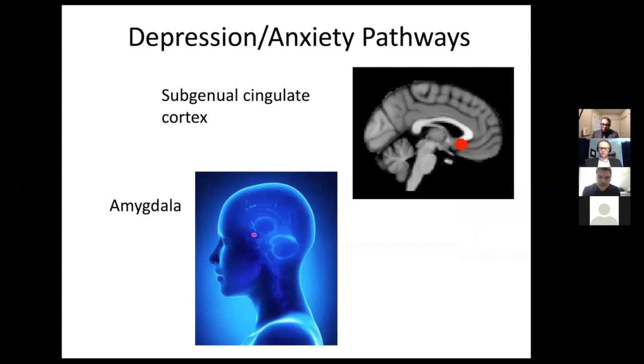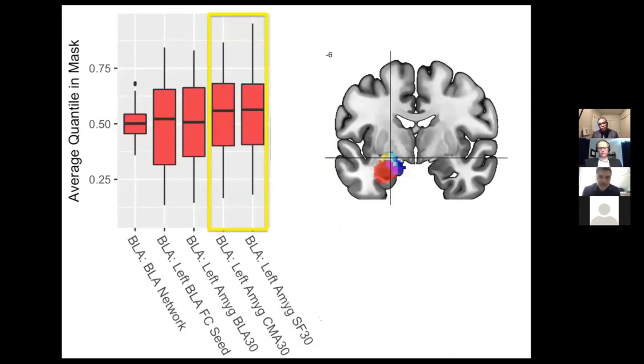So these are common fMRI-based abnormalities in anxiety and depression that are also the targets of treatment, subgenual cingulate and the amygdala. Those are our first two targets that we've tried so far. And we're actually able to show that we can influence the amygdala with TMS.